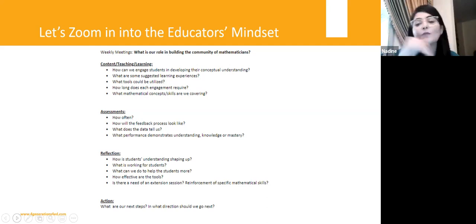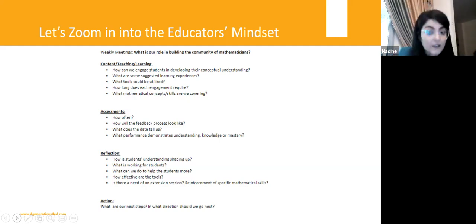And also here, most importantly, reflection. We reflect on how our students' understanding of mathematical concepts is shaping up, and what's working and not working for our learners. How effective were the tools, and do we still require some extension of certain mathematical concepts or not?